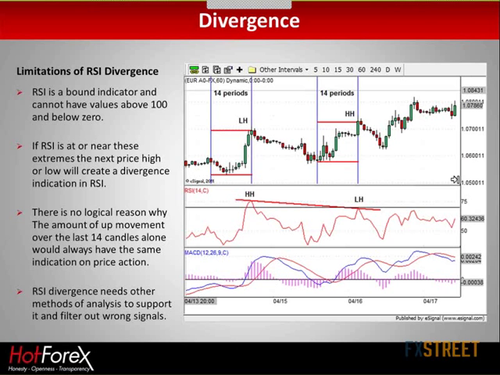Also, there's no logical reason why the amount of up movement over the last 14 candles alone would always have the same indication on price action. I mean, if you've been following the markets long enough, you know that when price starts to move from a bottoming formation, there's a lot of movement there.